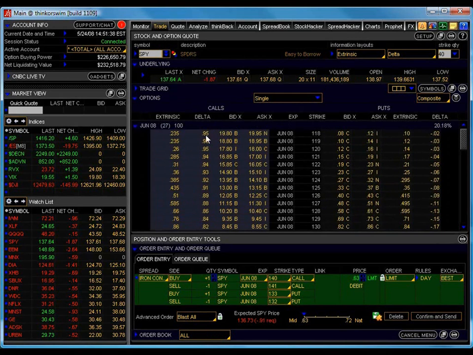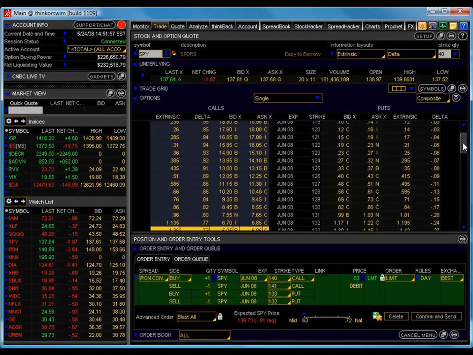The farther you get into the money, you can see that if you purchased an extremely deep in the money option, the delta is 95. If the price of SPY goes up by $1, this option will increase by 95 cents. Almost a perfect one-to-one ratio on the move in the underlying of this option.